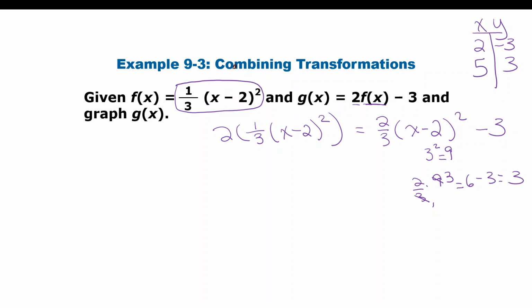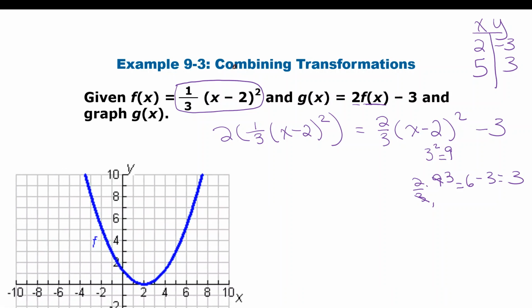So let's take a look at our graph. I've already written out the graph of 1/3 f of x. This is f of x. And let's take a look at where g of x is going to be. So far we know that we have a point at (2, -3), so that's all the way down here. And my next point is at (5, 3), so 5 over, up 3 is right here.